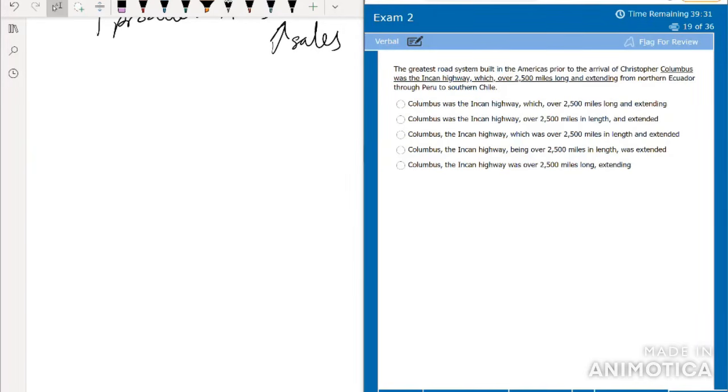Great. I'm looking at E. The greatest road system built in the Americas prior to the arrival of Christopher Columbus, the Incan Highway, was over 2,500 miles long, extending from northern Ecuador. Okay.